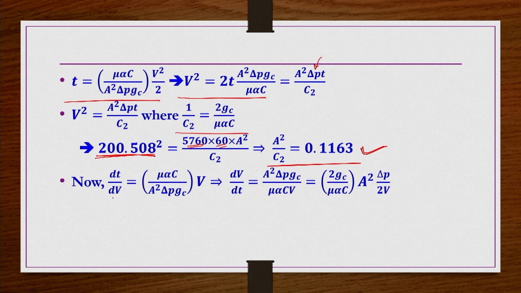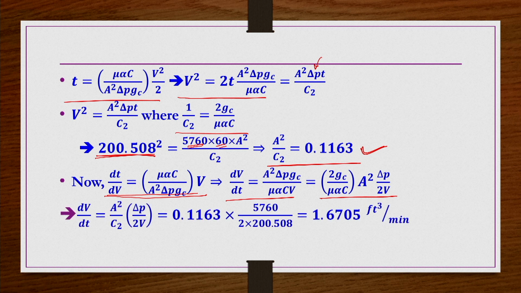But this equation dt by dV is equal to the same equation, the previous equation. When you remove the Rm value, you rearrange this equation like this. Then you will get dV by dt is equal to this equation, and this 2 gc by mu alpha c is nothing but 1 by c2.